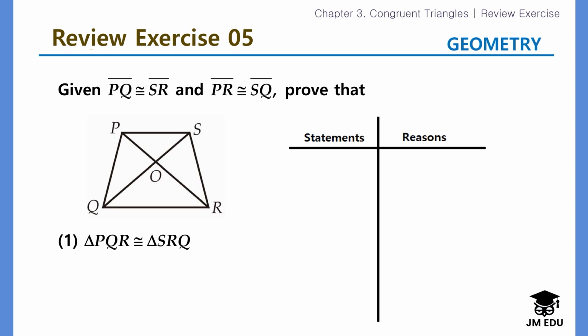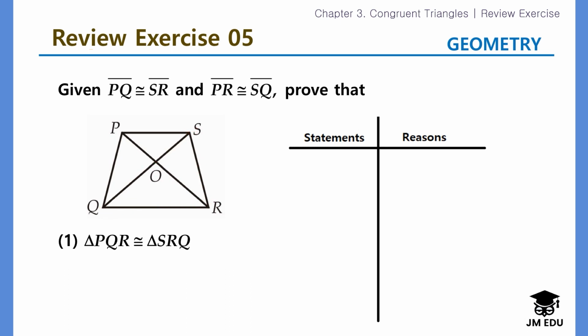Number 5, given side PQ is congruent to side SR and the side PR is congruent to side SQ, prove that, the first one is we're going to prove triangle PQR is congruent to triangle SRQ. So PQR, this triangle, SRQ, this triangle right here.